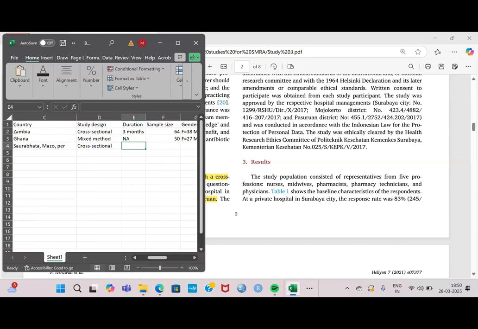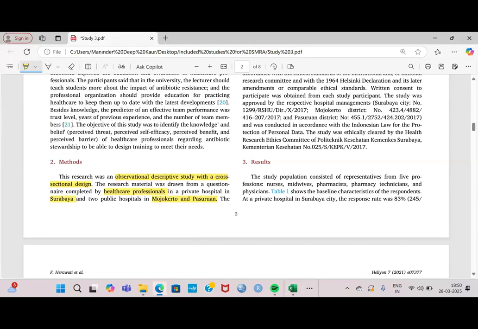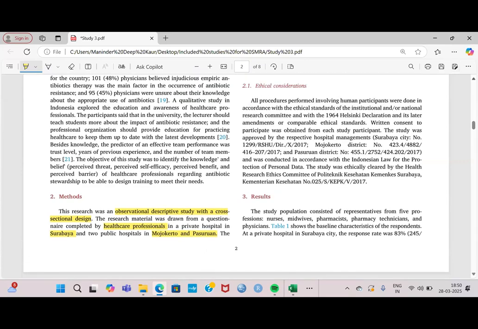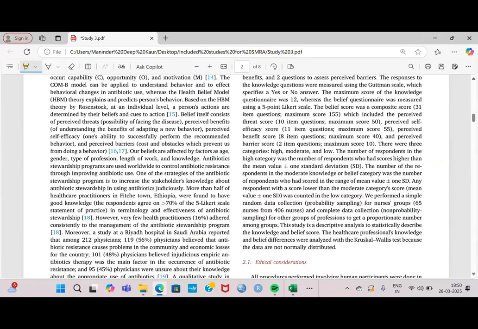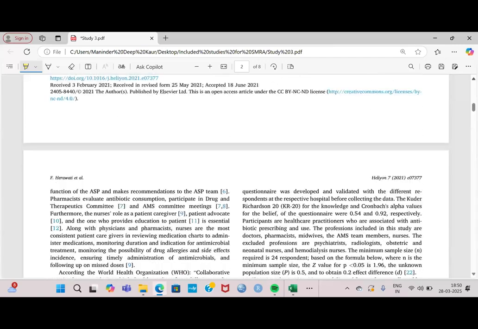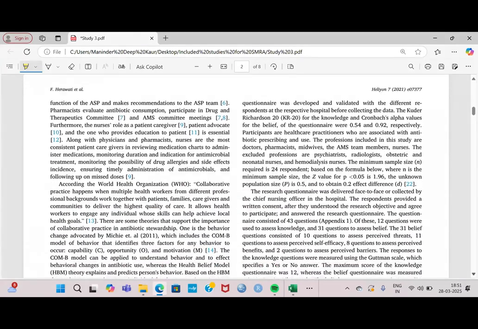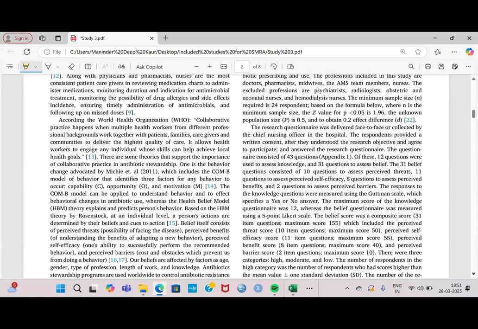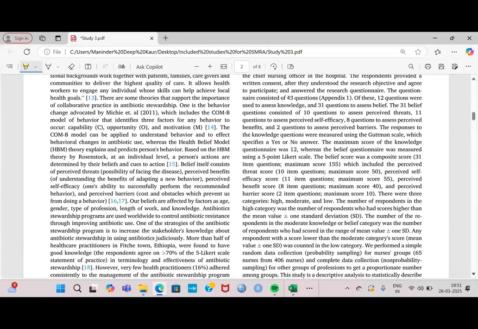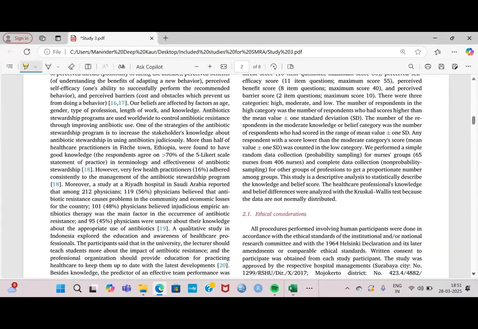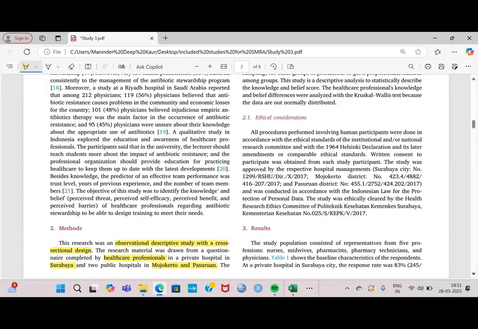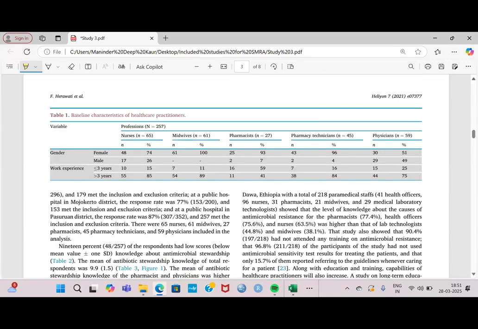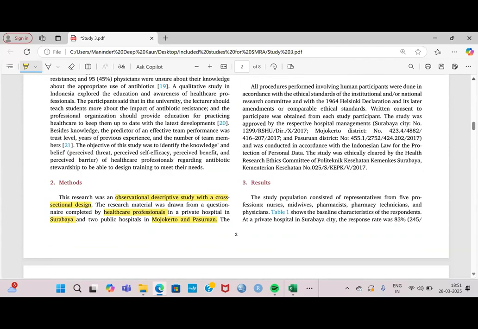So whether these studies have given any information regarding the duration, we need to look at that also in the methodology. So we have to see whether they have given any information regarding the study period. I think they should have.